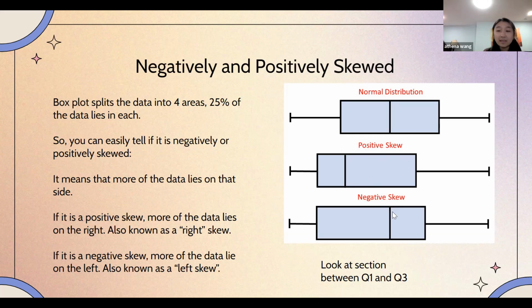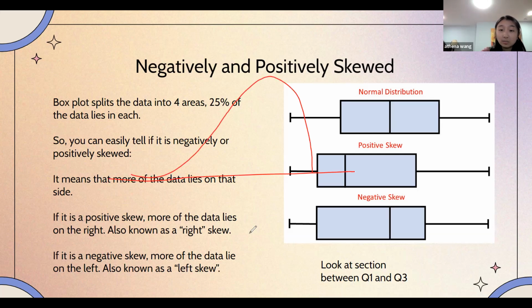And then for a negatively skewed one, you see if more of the data is on the left. Okay, this is more negative. So this is also known as a right skew, and this is also known as a left skew. If it is a histogram, it's basically kind of the same thing.